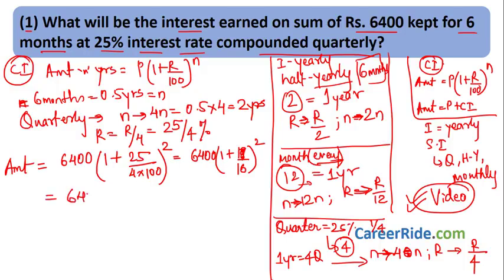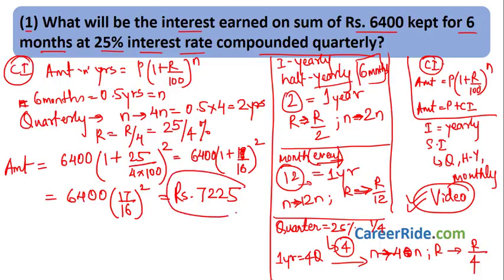That would be 6400 (17/16) squared. That you will get as 7225. So you will get 7225 as the answer. That is the amount after 6 months.